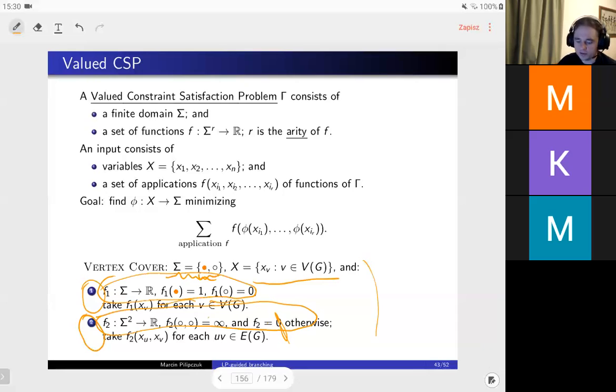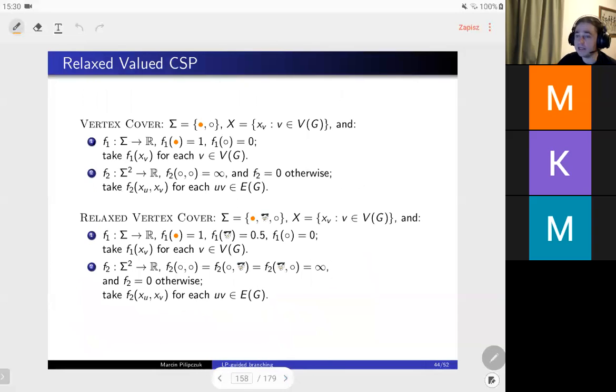So this is vertex cover, and the LP relaxed vertex cover is the thing when you also insert the joker into your domain. So a value can be joker. And then you say, it's okay, you can use joker, but you pay half for a joker.